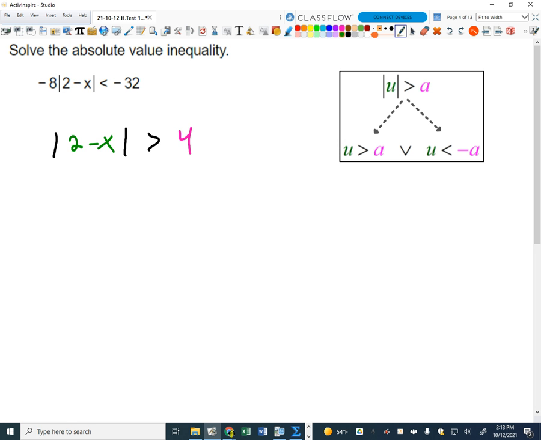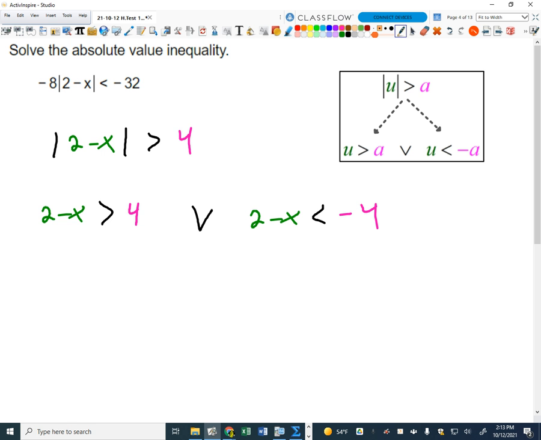So by that pattern, whatever's inside, 2 minus x, is going to be greater than the positive, or whatever's inside is going to be less than, and here's another mistake. Sometimes people wanted to make both of those greater thans, right? It's greater than the positive or it's less than the negative.